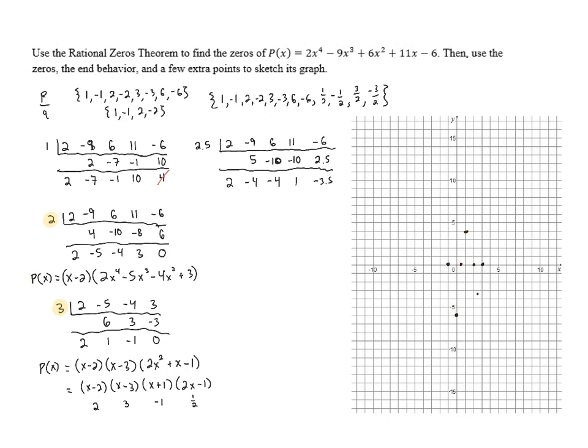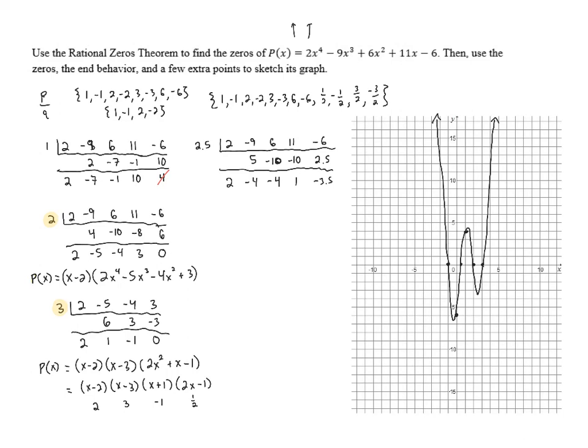And for the end behavior, because this is a fourth degree polynomial with positive leading coefficient, we're moving up in each direction. So we're going to end up with a graph that looks something like this. And again, moving up in each direction for our end behavior.